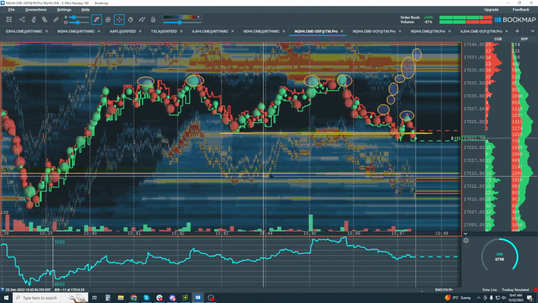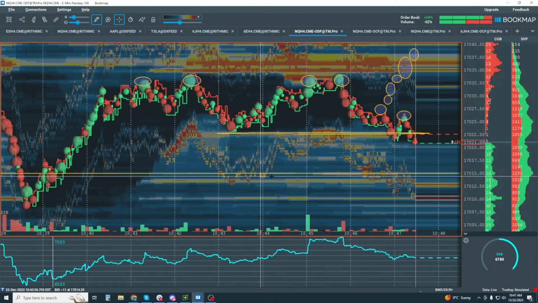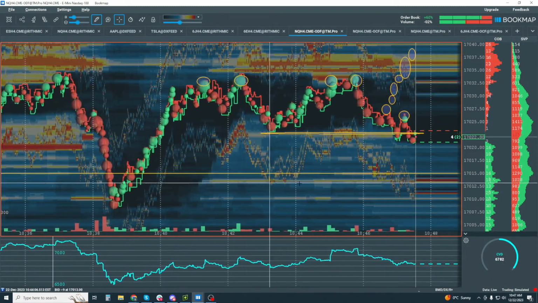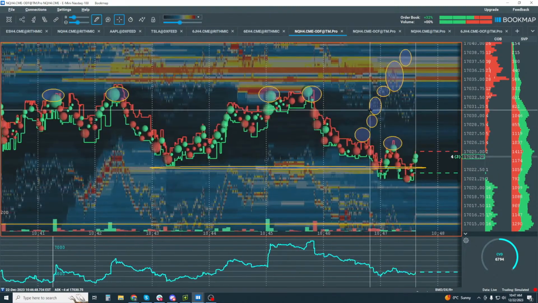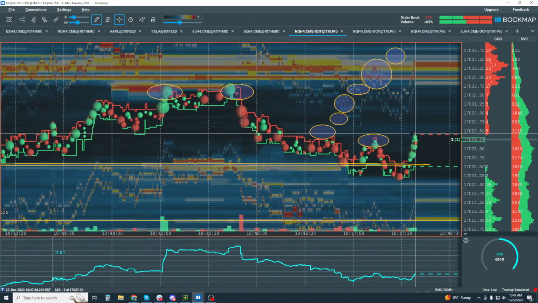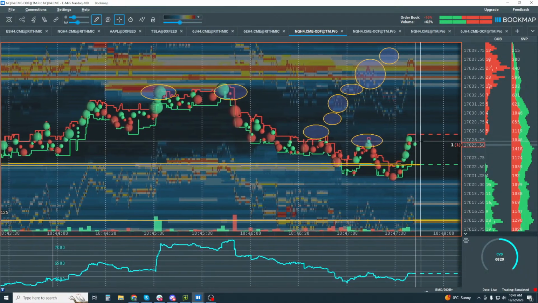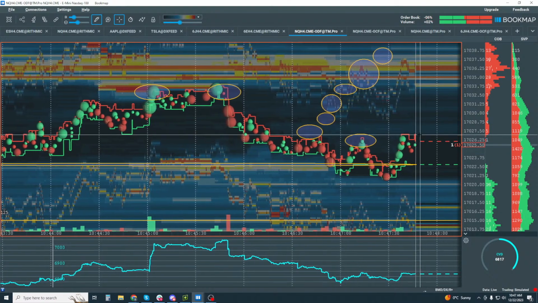Okay, sellers are still in here. And they might move that market down to our other levels in here. It would be somewhere down here. It retested down here. Now look at our buyers come in. Okay. And we're looking for a little bit of a pullback. Look for one more retest in here.